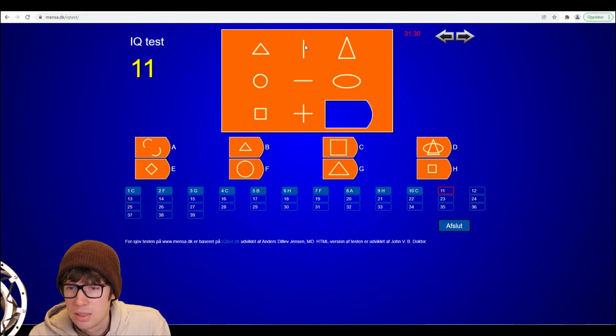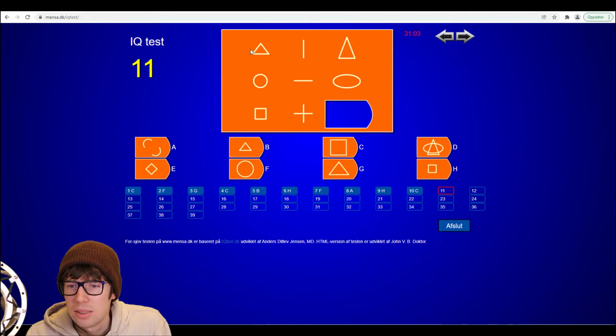This one is, again, a rule existing within the particular row. For instance, here we have a triangle, a vertical line, and then we get this elongated triangle. Same on the second row: we have a circle, a horizontal line, and we get this elongated circle, or ellipse, I suppose would be more correct to call it.